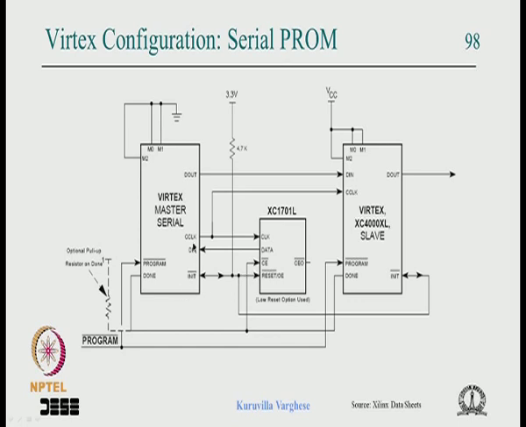Now through the JTAG port this FPGA can be programmed with that key, and the FPGA can be told no read back. That means once it is programmed, this key cannot be read back. Also the configuration cannot be read back. Otherwise it is possible to read back the configuration for the purpose of verification and so on.